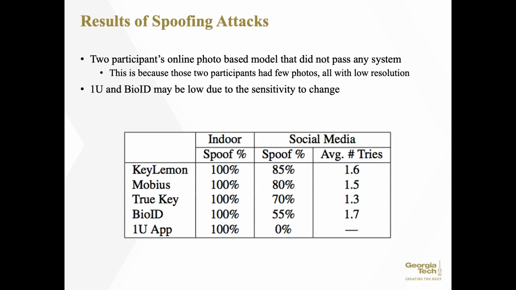So differences in lighting, environment, and appearances of the individual can cause a false rejection. When individuals went out and did 10 validations outdoors during sunlight, those 2, BioID and 1U, had significantly more false rejections than any of the other systems.